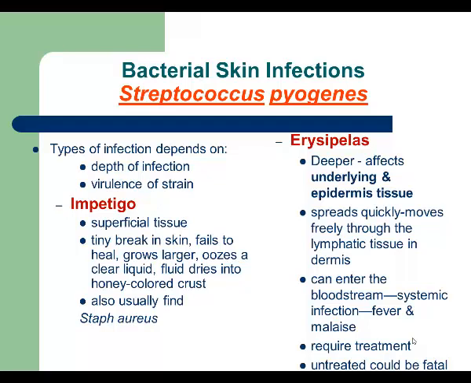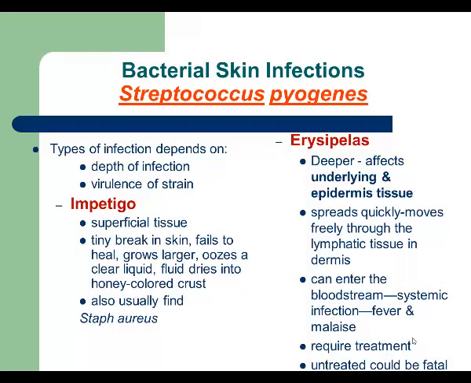This infection starts as a tiny break on the surface of the skin, and then that lesion fails to heal, grows, becomes larger, and eventually clear liquid starts oozing out from this lesion.